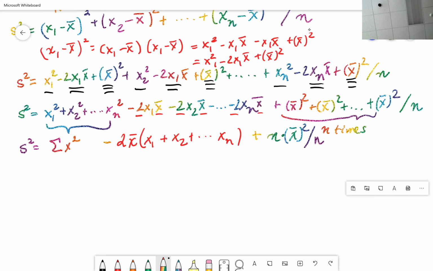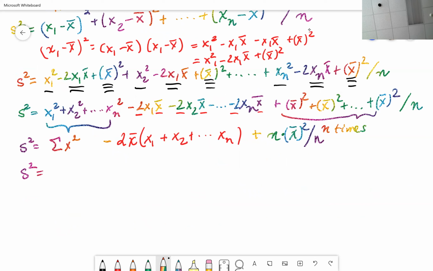To clean this up, the second part has become 2 x bar times the sum of x, because this is just adding all the x's. Then I'll rewrite the next part, divided by n.